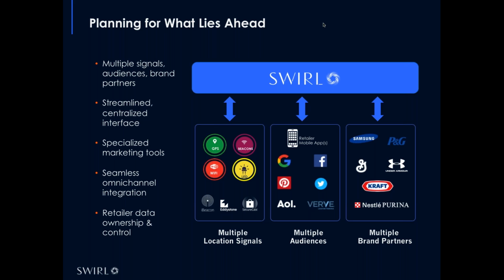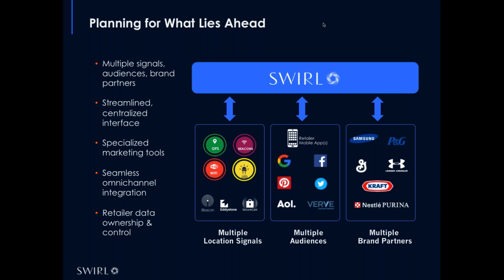So everything from multiple location signals, as we talked about, not just beacons, but GPS signals to drive people into stores, potentially Wi-Fi signals in the stores for people that don't have the retailer's app or happen to want to connect with the store's Wi-Fi, even some of the LED light signals that are now starting to be deployed in stores.